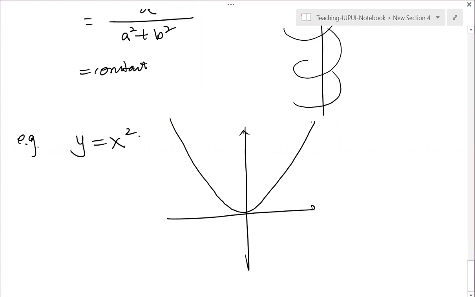I think the curvature here at the vertex is a maximum, and gradually the curvature gets smaller and smaller, and at infinity the curvature is almost zero. That's why it's almost a straight line.